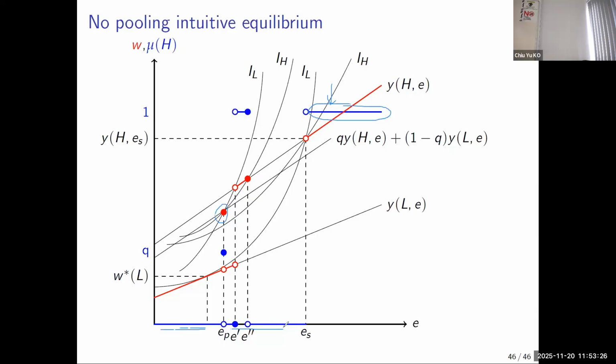Is that clear what E prime and E double prime are first? Right? E prime is from the equilibrium indifference curve. So the low type is indifferent between this, okay, and if you pretend to be high type, right? Here the high type is indifferent between getting the pooling result or if he gets the high type salary. Okay. So we try to argue that okay, low type would not want to be here.